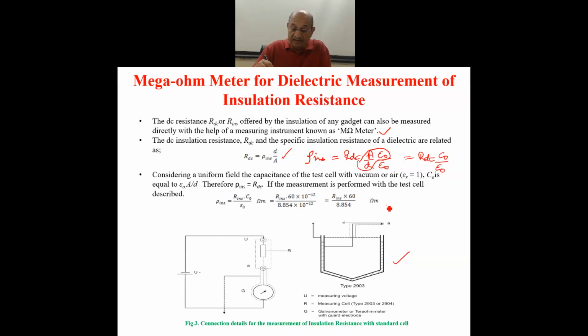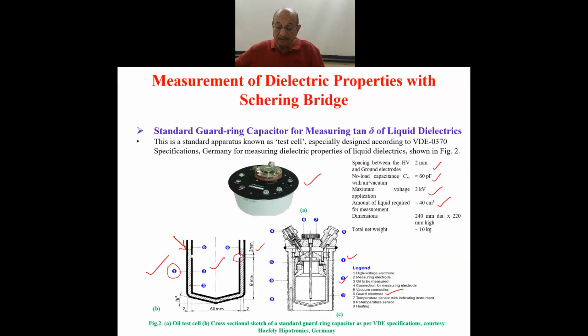So when the values are put for C naught, which we just learned in that standard capacitor is 60 picofarad, did we not? It is 60 picofarad, as you can see. No load capacitance, C naught is 60 picofarad, as you see it here.